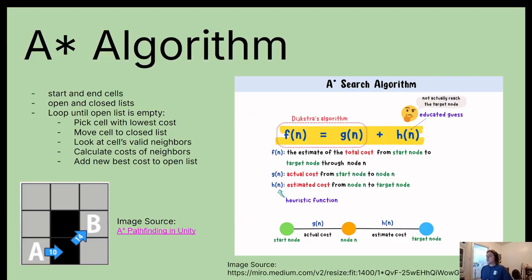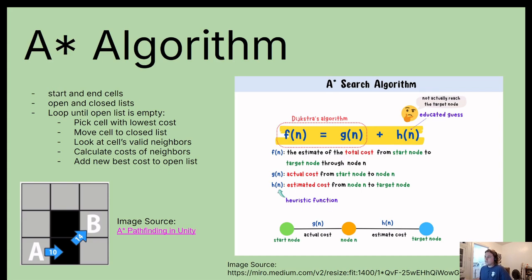With the A-star algorithm, the way it works is we have a score of cost going from cell to cell: a cost of 10 to go straight up, down, left, or right, and a cost of 14 going diagonally.